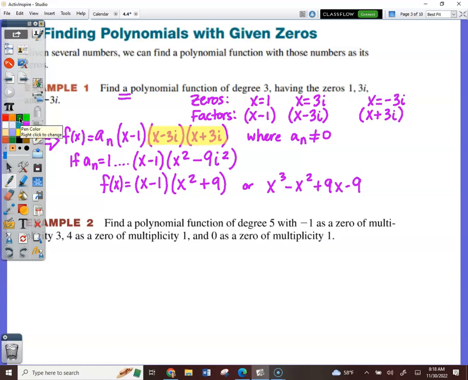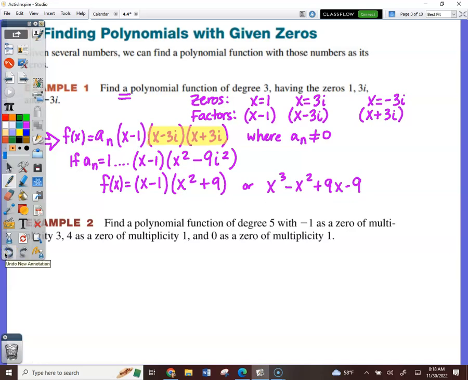You would multiply it by everything after it, and then multiply it by everything after it. The first, outer, inner, last, if that's what you want to call it. But that's what you've got to be able to multiply, because I'm pretty sure in MyMathLab they want you to enter it like this. They don't want it like this. They want it multiplied out. So you're going to have to multiply it.